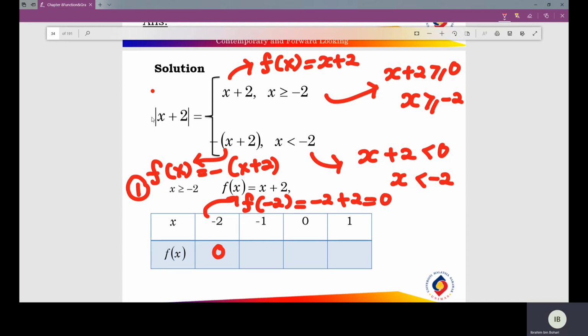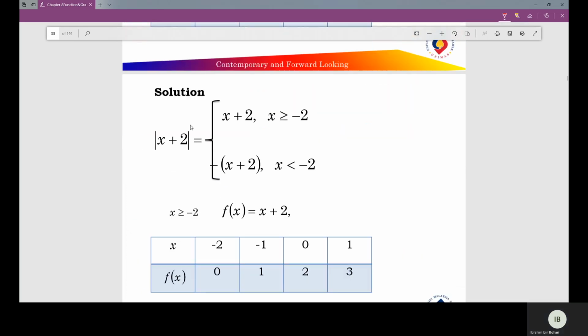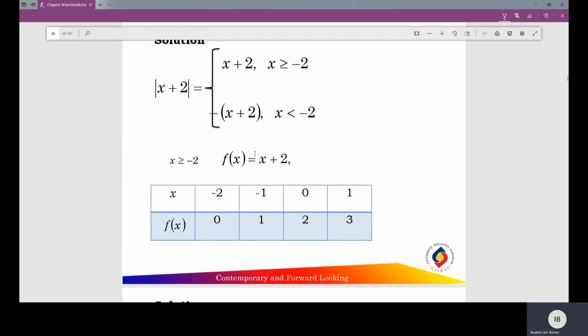Then you plot all the points: x equals negative 1, y equals 1; x equals 0, y equals 2; and x equals 1, y equals 3. That settles the first function and its table.